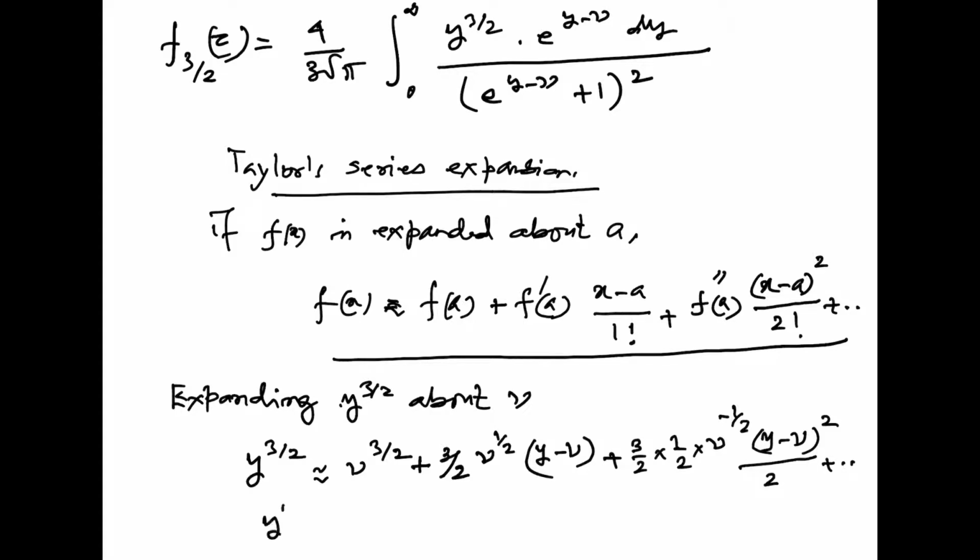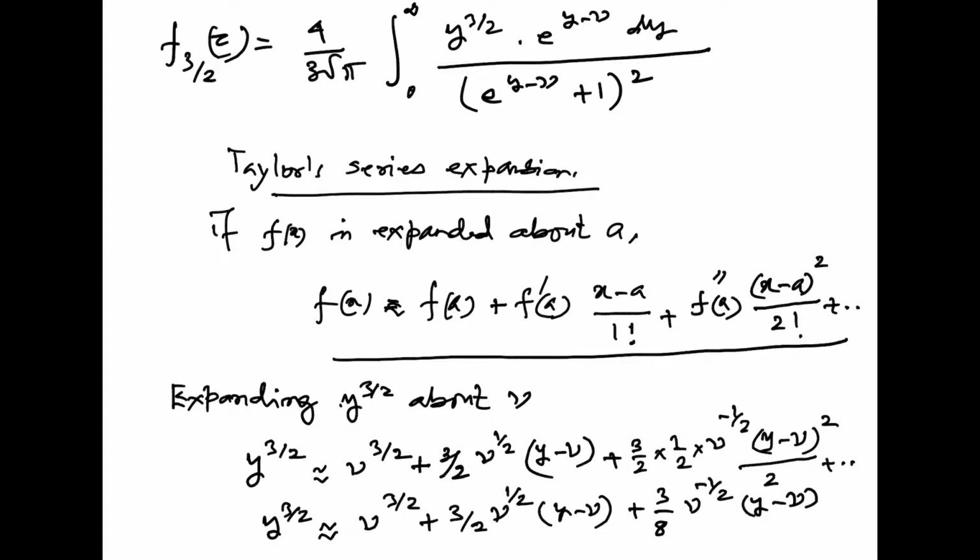So y to the power 3 by 2 is approximated as nu to the power 3 by 2 plus 3 by 2 nu to the power half y minus nu plus 3 by 8 nu to the power minus half y minus nu whole square.